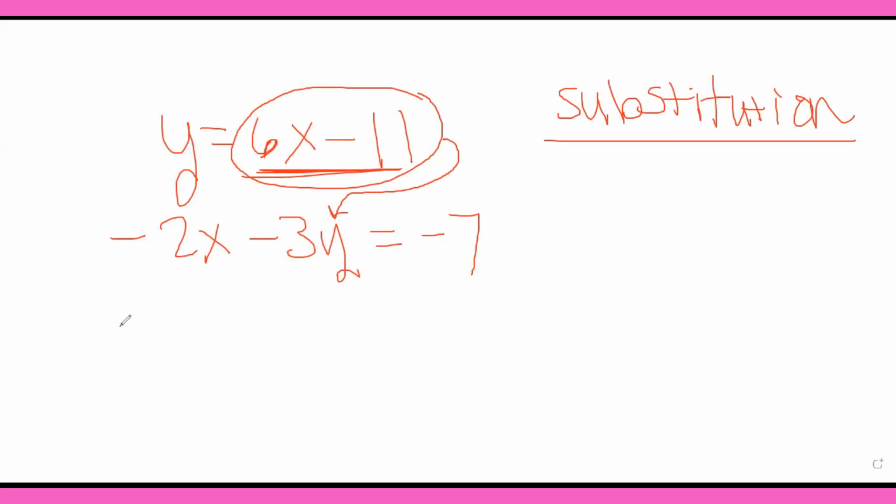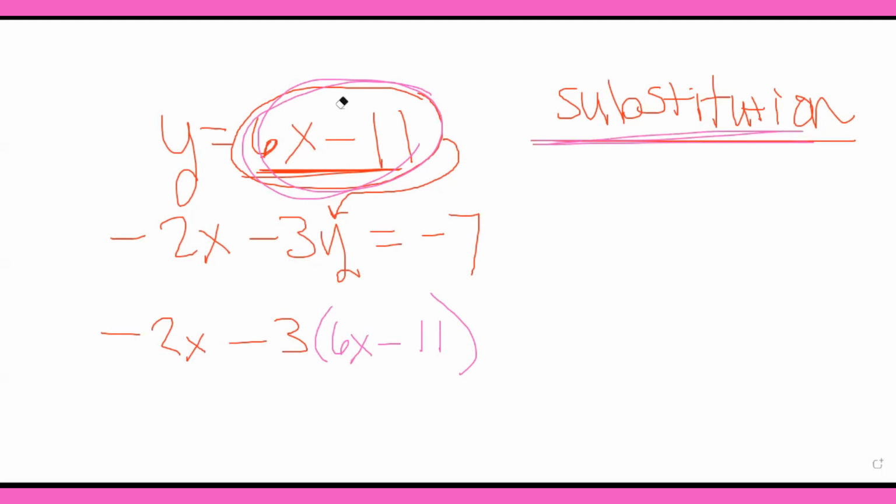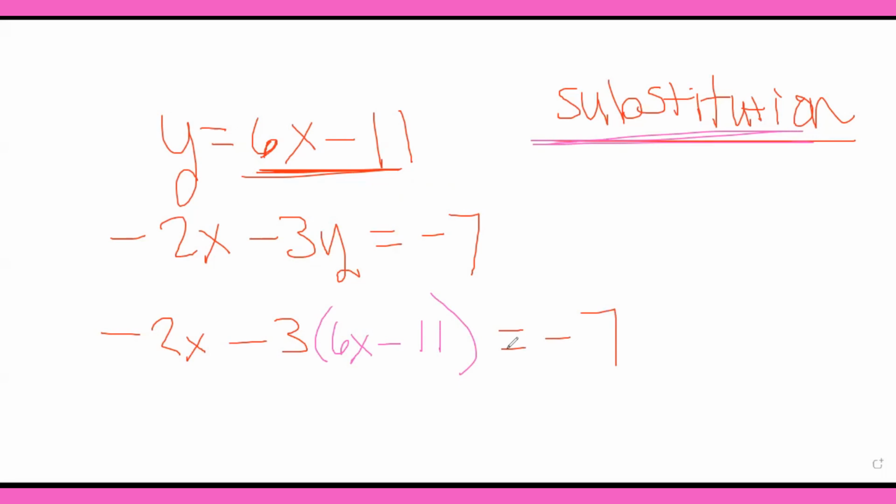So what does that look like? We have negative 2x minus 3 times 6x minus 11. So that whole first chunk here, I'm plugging in place of y, substituting for y. And then it still equals negative 7 over here.